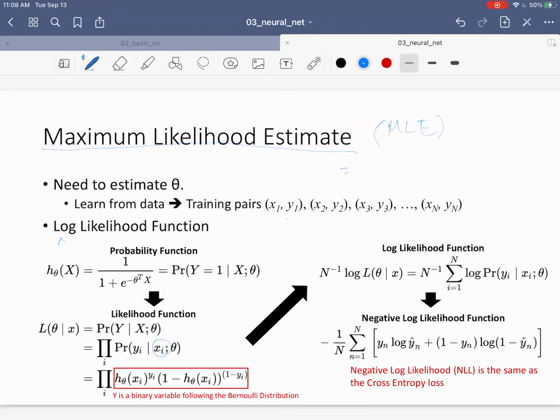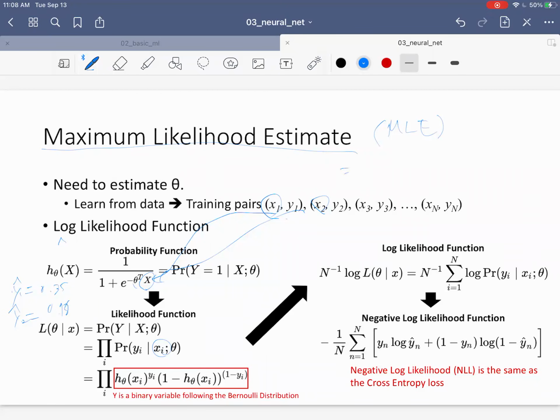So when you put x1 in here, your h theta x will be some value, maybe let's say like 0.35, because your theta is not a proper theta. And when you put x2 here, maybe your y2 hat was 0.78, because theta is not properly tuned. So this could happen.